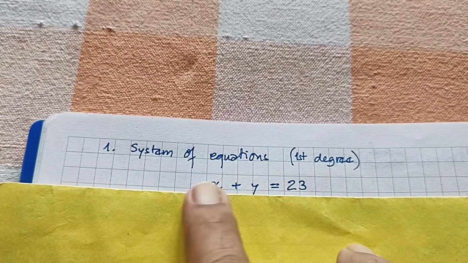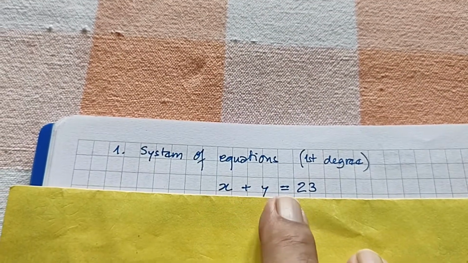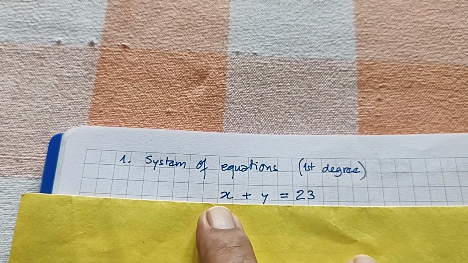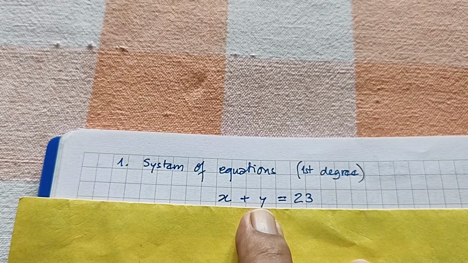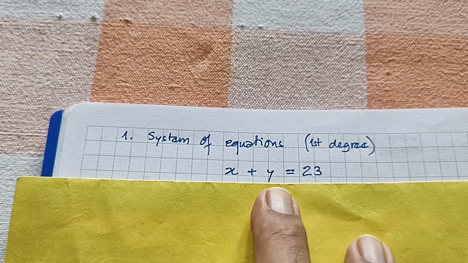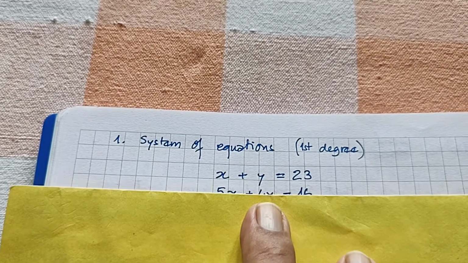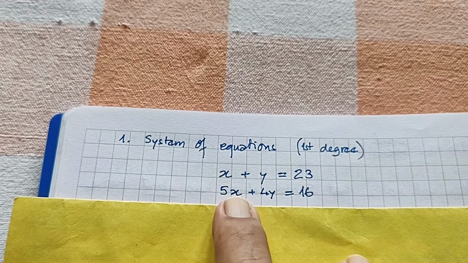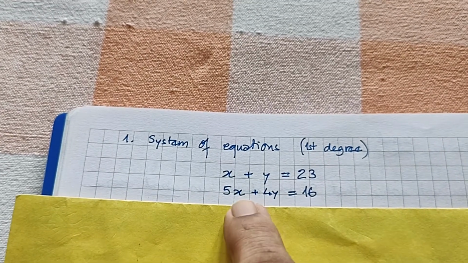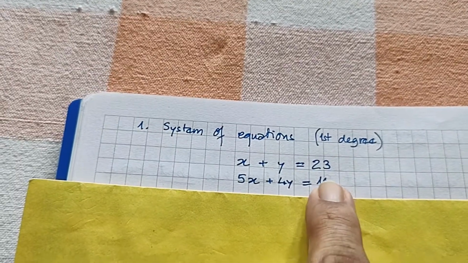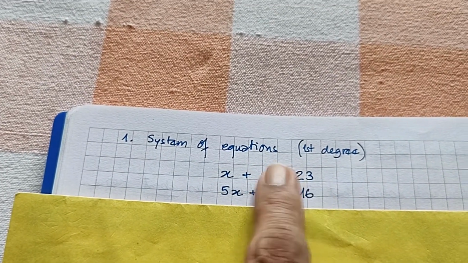But what if I asked you to solve it? I wanted exact values. There aren't any exact values. There are an infinite number of combinations of x and y which will satisfy this equation. So that is why, if I give you two equations, both of which have the same x and the same y, then you will get only one combination of x and y which will satisfy both equations.